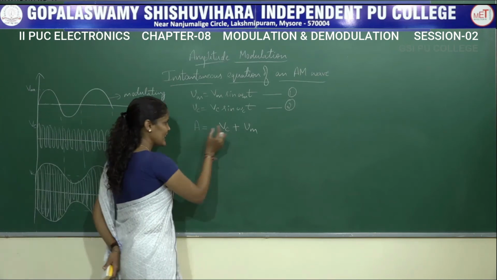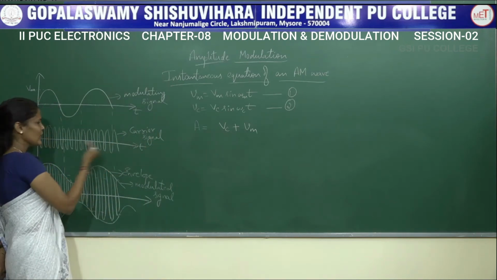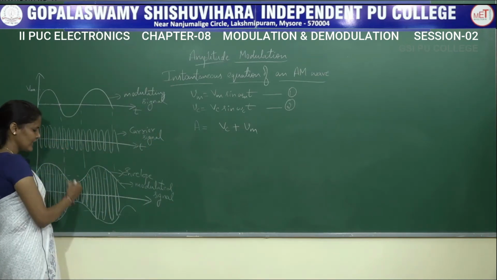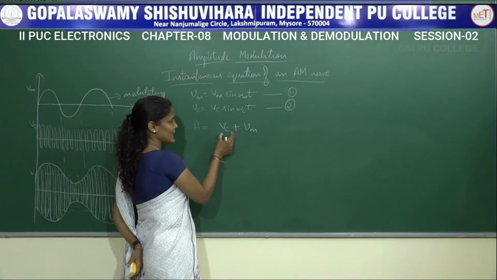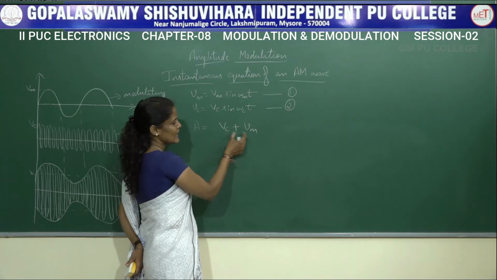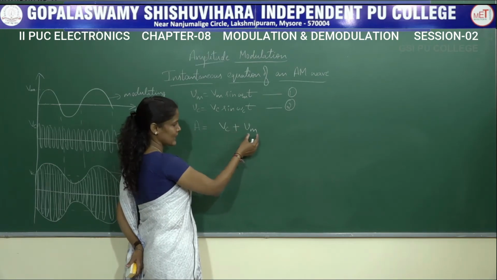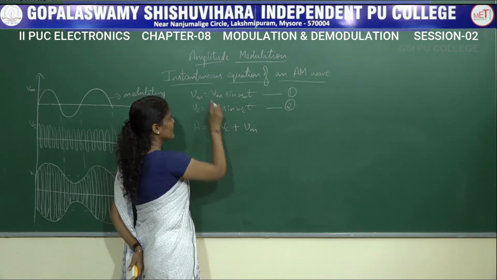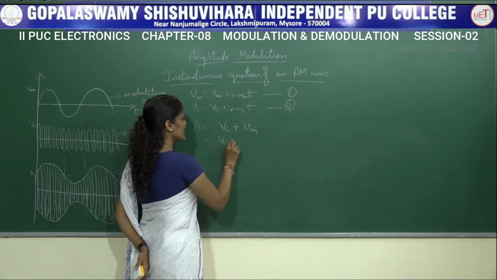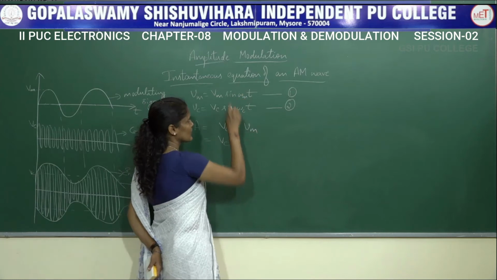So whatever Vc is, sometimes it gets added to or sometimes it gets subtracted. So, the new amplitude will entirely depend upon Vc, that is the amplitude of a carrier signal, plus the instantaneous equation of a modulating signal. But Vm is equal to Vm sin omega mt, so let us substitute that.